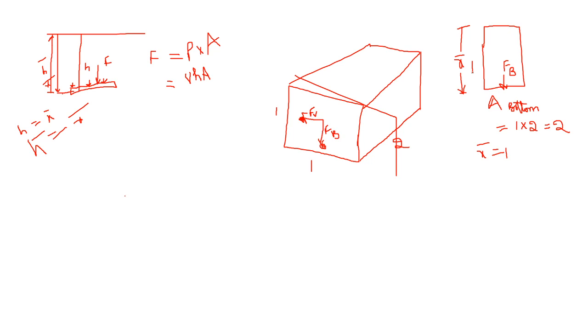Then find out the pressure force FB at the bottom, which is equal to gamma into A into x bar. For this you should know the gamma of water, into area is nothing but 2, 1 into 2, into x bar is nothing but 1.